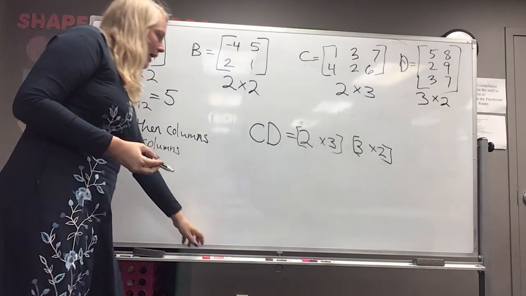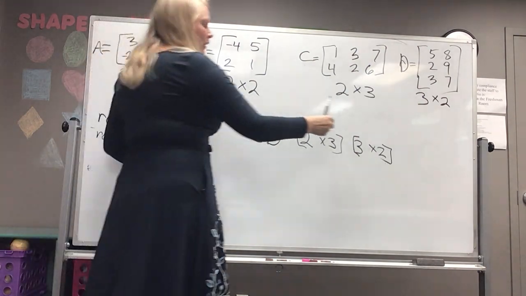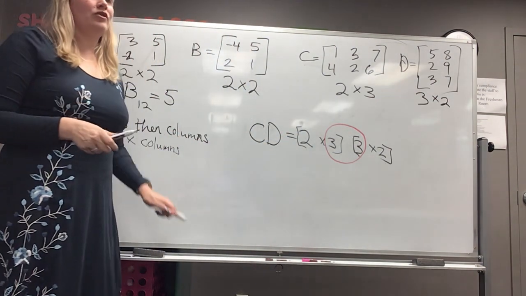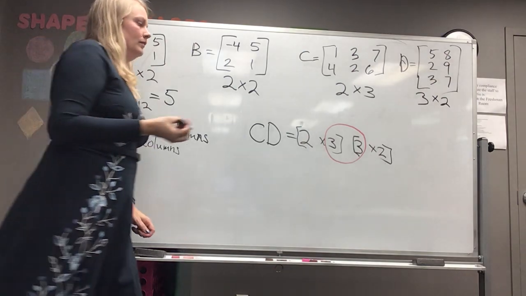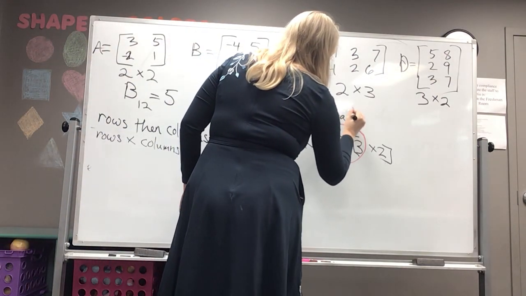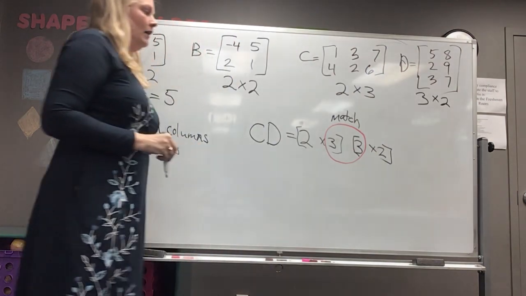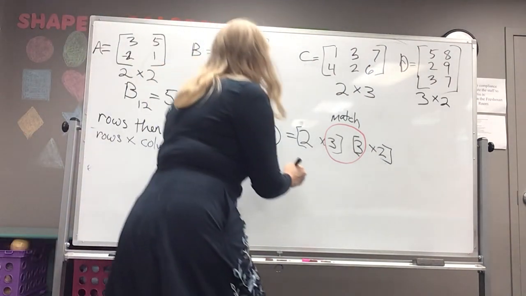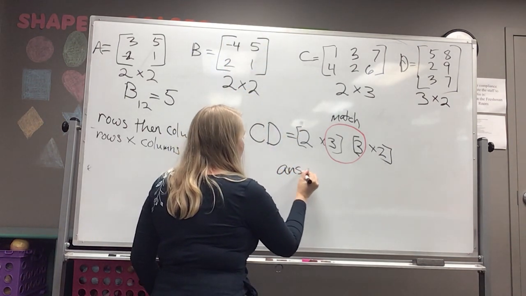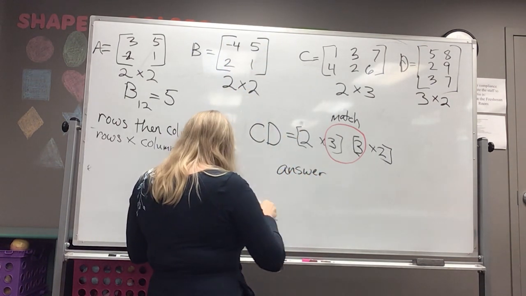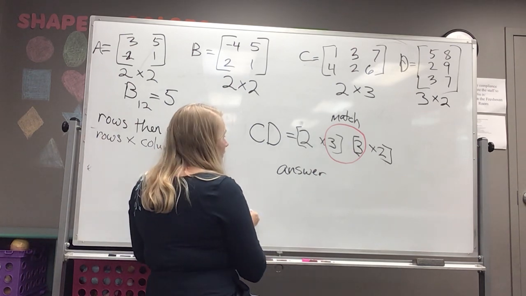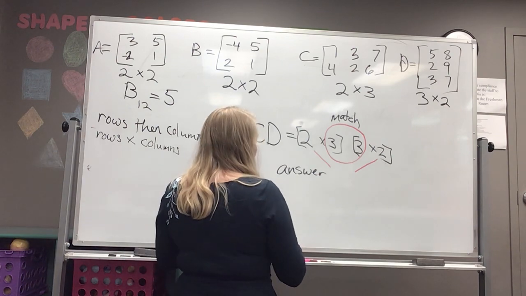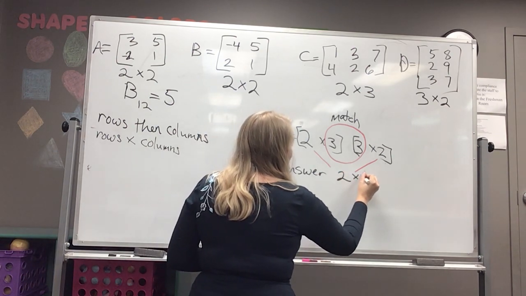The reason for that, in order for this to work, we need to have the inside dimensions match. And our answer is going to be the outer dimensions, 2 by 2.